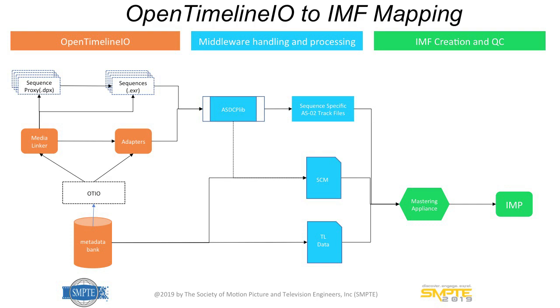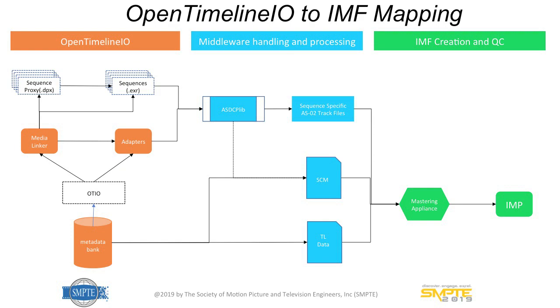But what we also have, through both the media linkers and adapter functionality, is the simple editorial workflow within the timeline capacity of both your main sequence, in this case EXR, and then your proxy sequence for editorial work. Because we've already indicated what specific frames and durations those sequences have, we know explicitly where and how we want to create our track files.